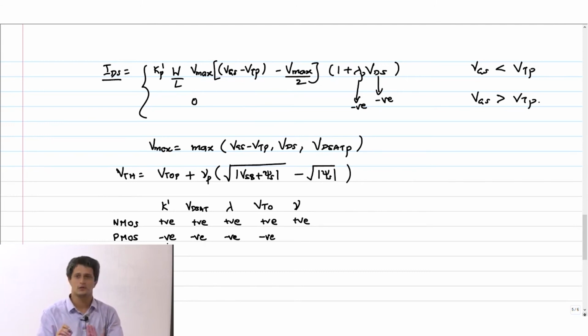Okay, we have solved 4 parameters pretty simply. What should happen to gamma? Why? So let us go back to our... but what is decreasing threshold voltage?